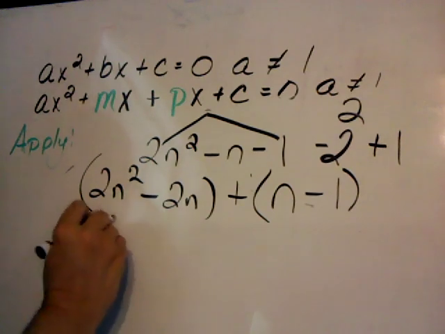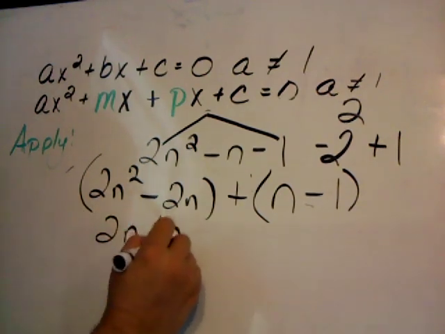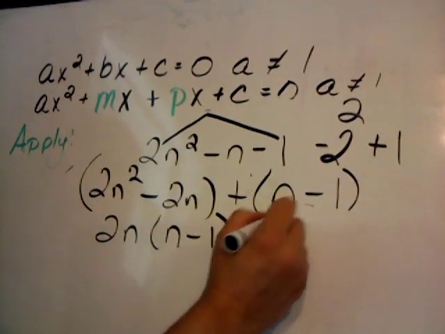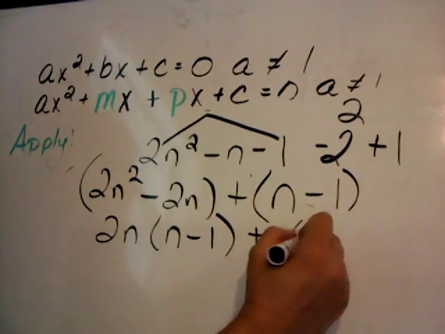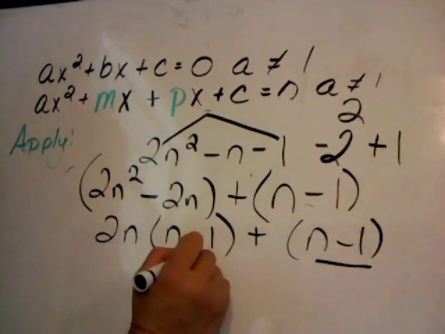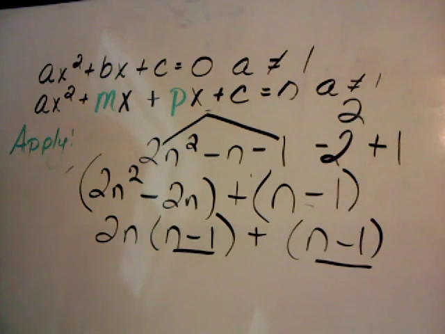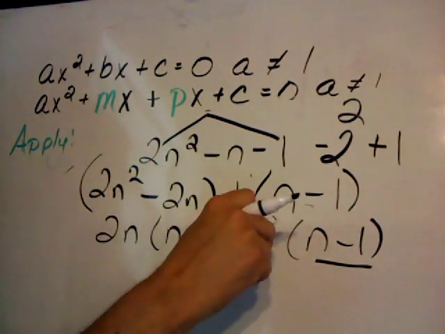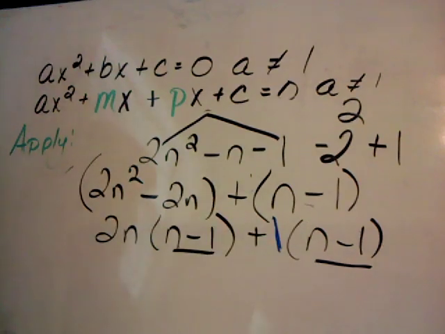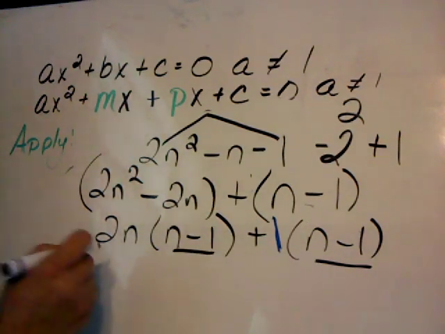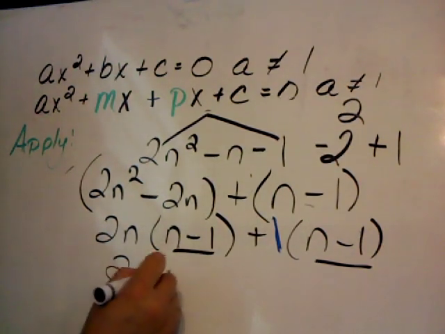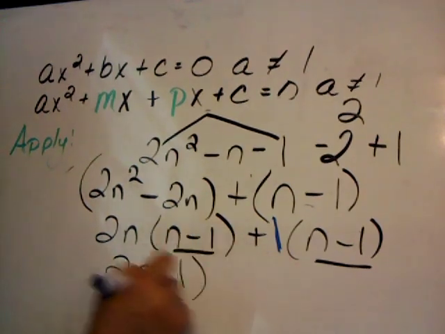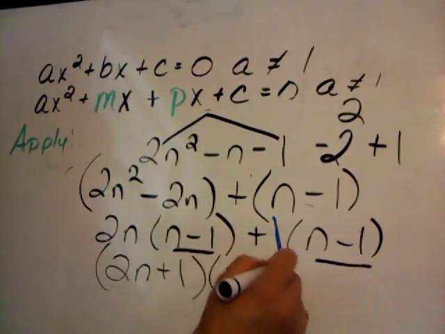I can take out a 2n, leaving me with n minus 1, plus, there's nothing to factor out of here, but it does give me a common n minus 1. Now, remember in algebra, there is an understood 1 here. Do not put a 0, okay? So it's going to be 2n plus our understood 1 times n minus 1.